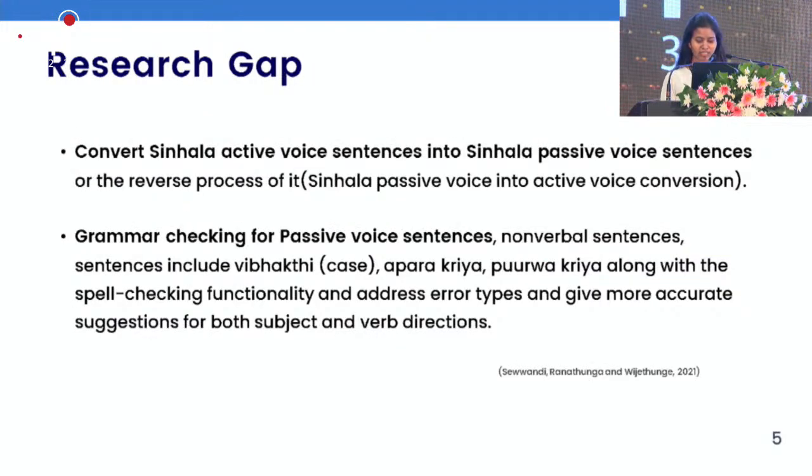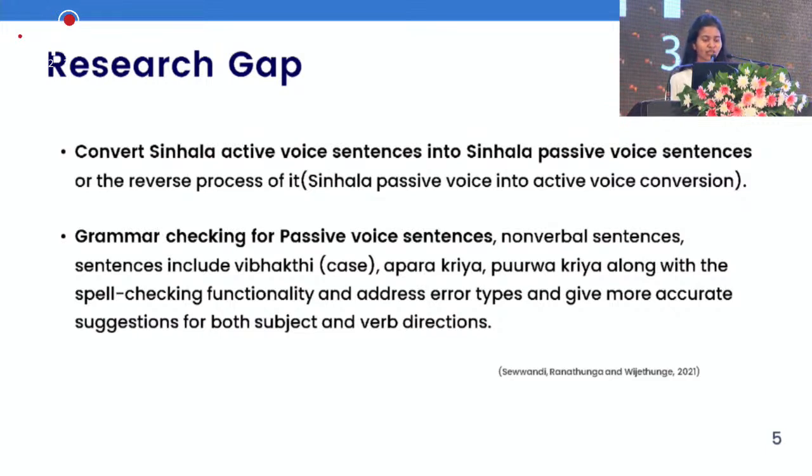This slide contains the research gaps identified with the support of literature. Convert Sinhala active voice sentences into Sinhala passive voice sentences or the reverse process, which means Sinhala passive voice into active voice conversion. Grammar checking for passive voice sentences and non-verbal sentences. Sentences that include vibhakti, apara kriya, purva kriya, along with spell checking functionality, addressing error types and giving more accurate suggestions for both subject and verb directions.